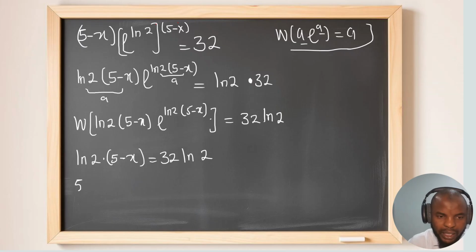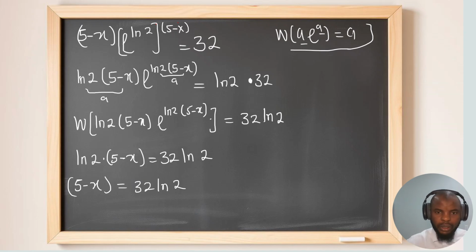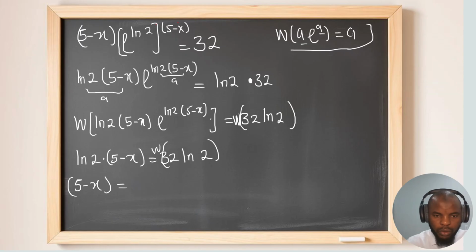So on the left-hand side, I can have my 5 minus x equals the Lambert of 32 natural log of 2. Recall, we have the Lambert function on the right-hand side too. So what you apply to the left-hand side must be applied to the right-hand side. That was an omission. So here we have the same Lambert on the right-hand side.